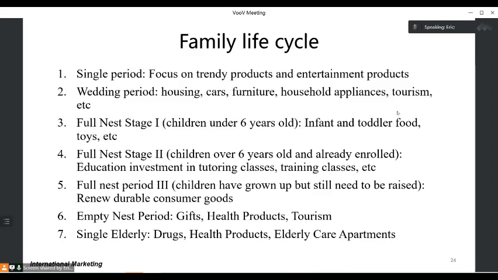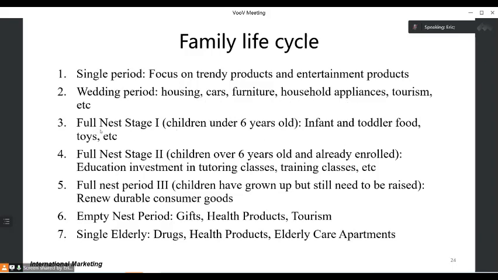The single period: what is interesting is new products, entertainment products, clothing, electronic products. And the wedding period: you want to get married, you will find a house, you want to buy cars and furniture. This is the important thing.